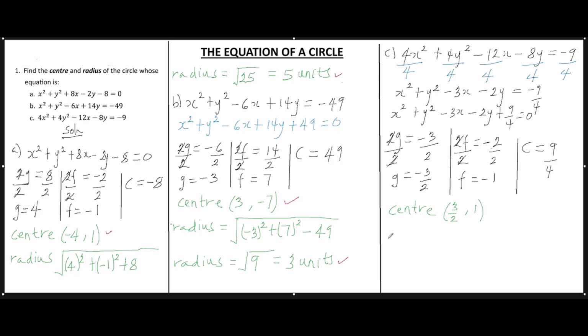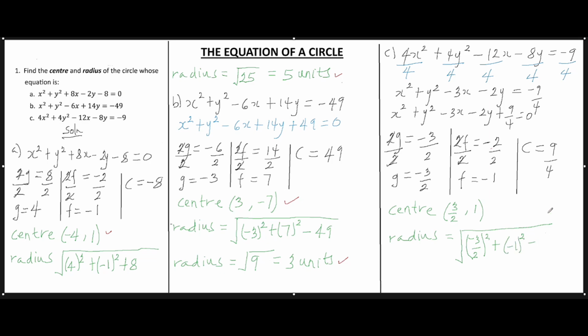Then the radius. So the radius, we have the square root of g squared. So g is minus 3 on 2 all squared, plus f squared, so minus 1 all squared.